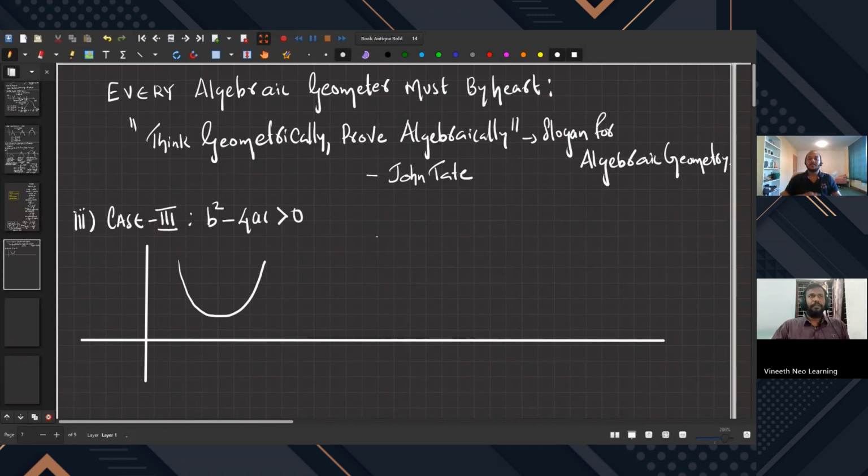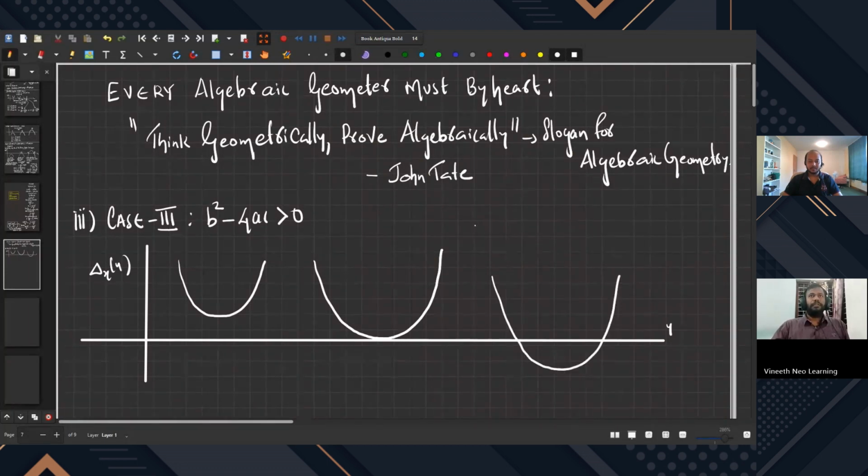This is delta x of y, and this is y. Or it can just touch at one point, in which case there is only one root. Or it can have two roots.